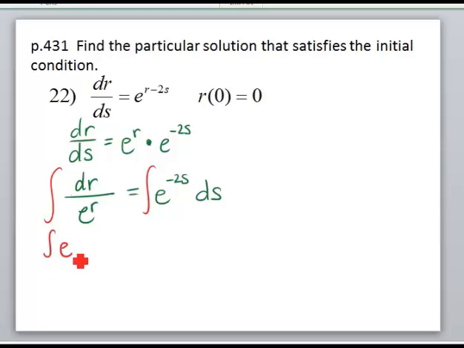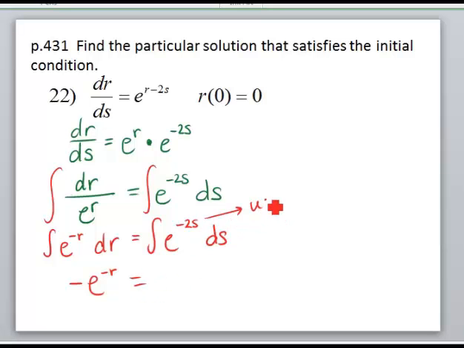This really says e to the negative r dr equals e to the negative 2s ds. This integral ends up being an integral of e to the x is e to the x, but then you'd have a u statement out of this, which would place the negative out front.